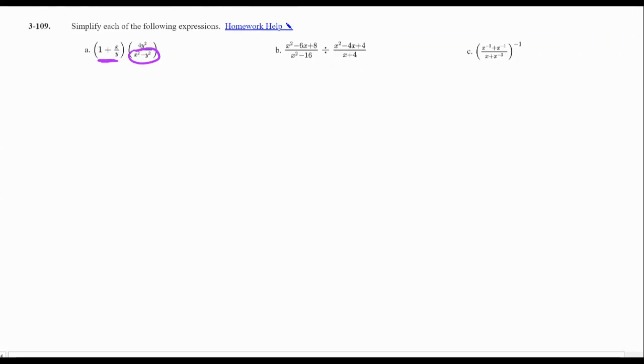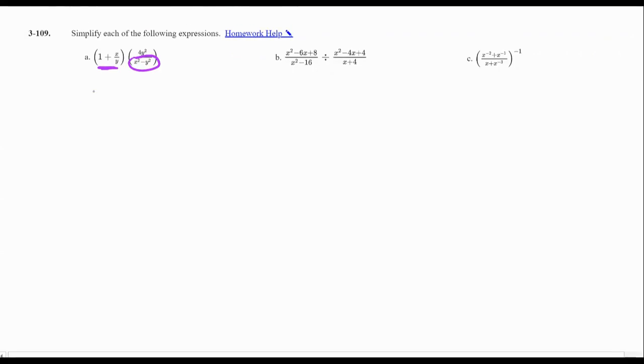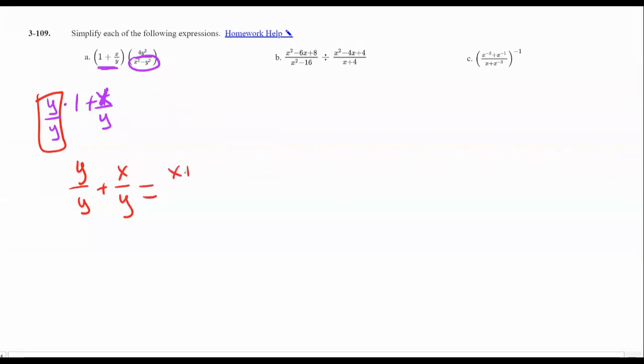So if I'm working with 1 plus x over y, I need a common denominator, so I'm multiplying by a giant 1 on the left here. And I get y over y plus x over y, which is the same thing as x plus y over y.